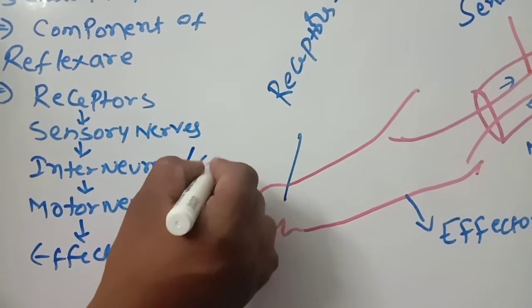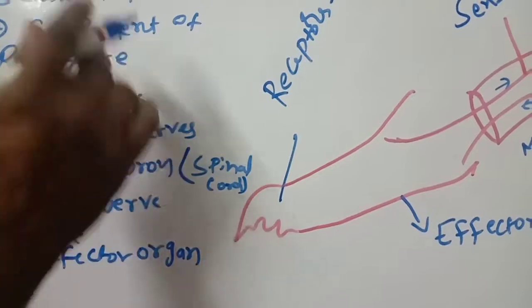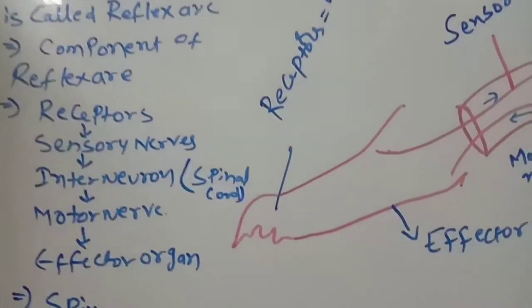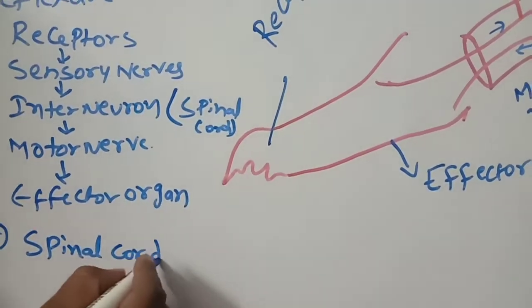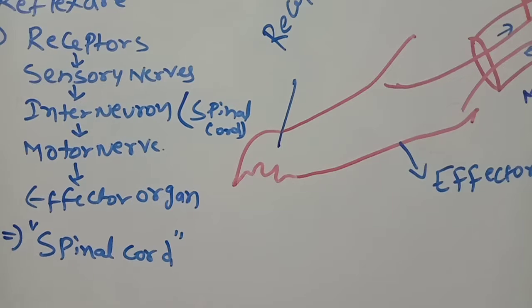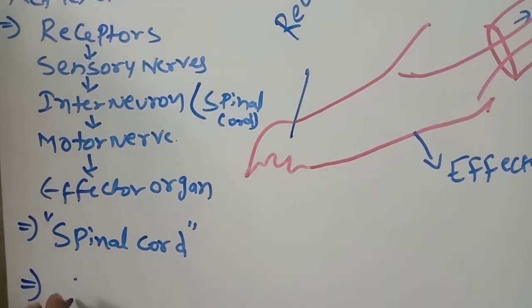You know very well the interneurons are present in which part? The spinal cord. In reflex actions, the spinal cord plays a major role. These points you should remember. The receptors receive the information.